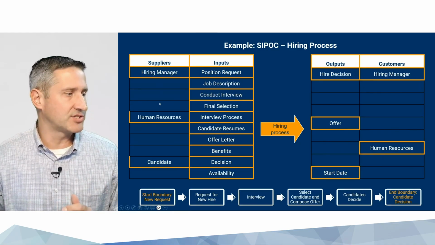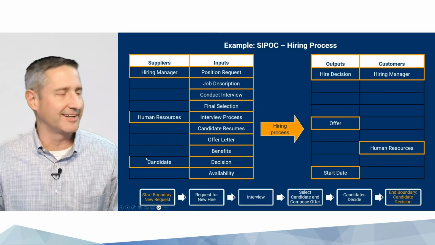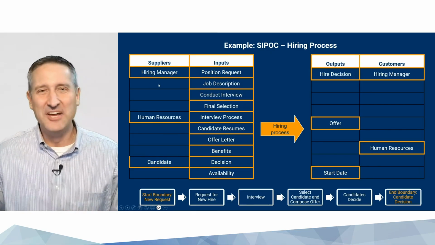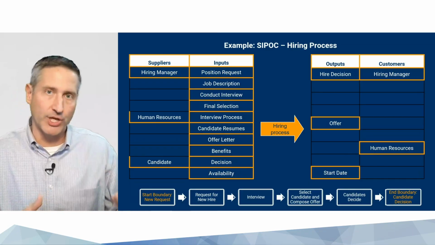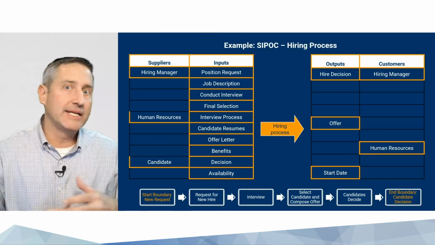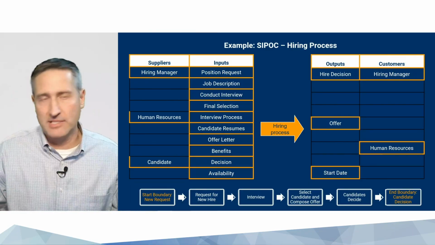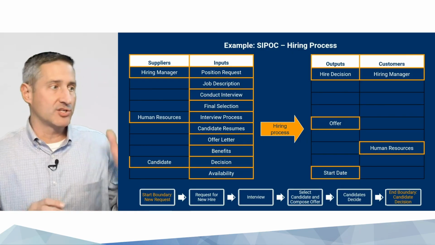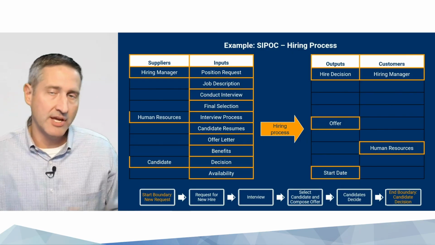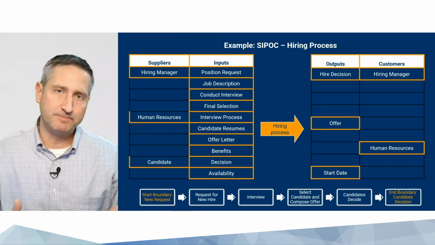Likewise, I'm probably not going to bring the candidate into this one, but you can imagine where I look at an input and go, oh, I need someone that represents maintenance or this part of the engineering organization because this is one of the inputs. And so we can make sure we have the right team.